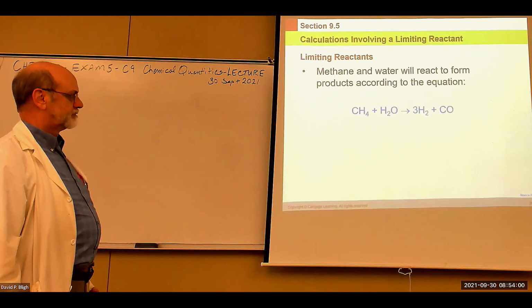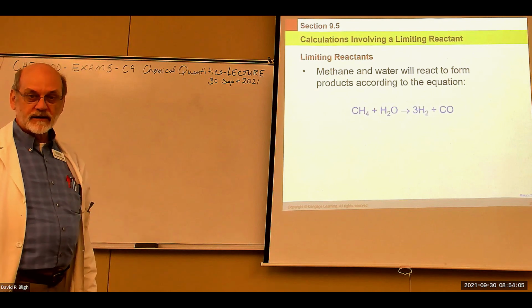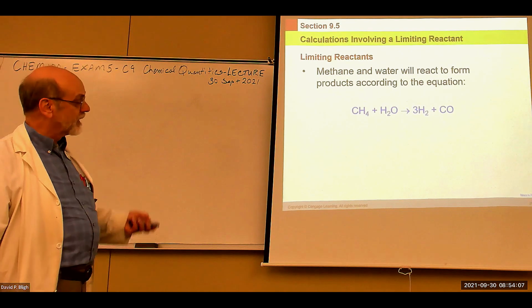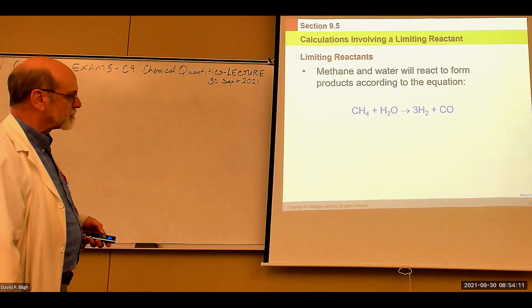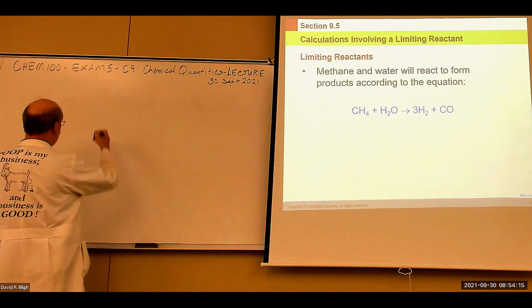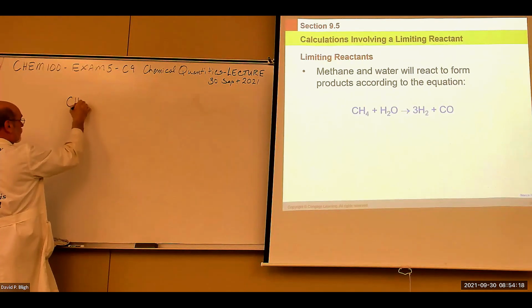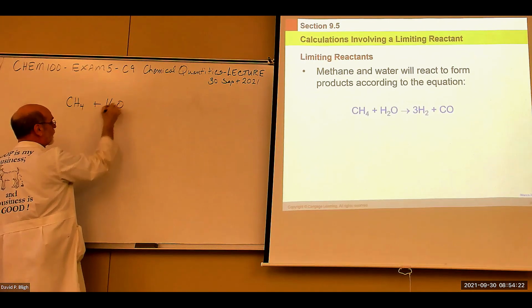So here's an example. Methane and water can react under certain conditions and produce hydrogen gas and carbon monoxide. So what do we do first? As always, we make sure that these are written correctly, and they are.